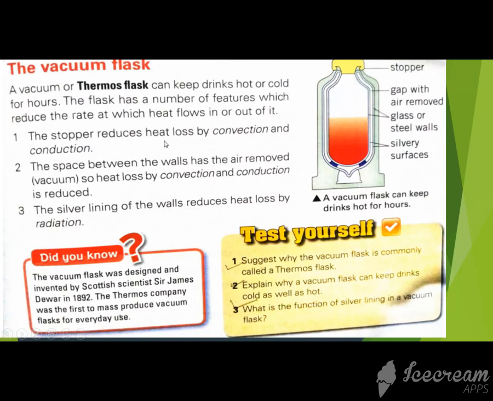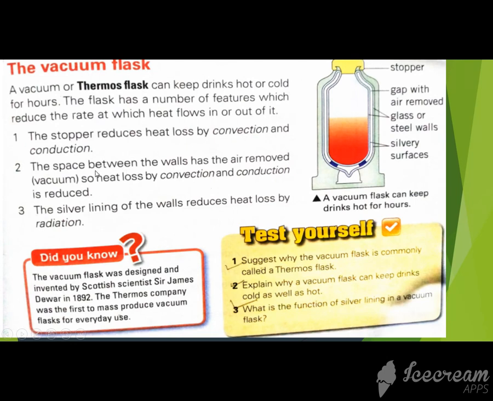It reduces heat loss. Reduces means कम करना. The stopper reduces heat loss by convection and conduction. So the work of the stopper is to prevent heat from going out through the processes of convection and conduction, it reduces it.